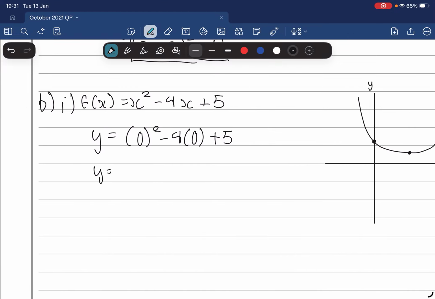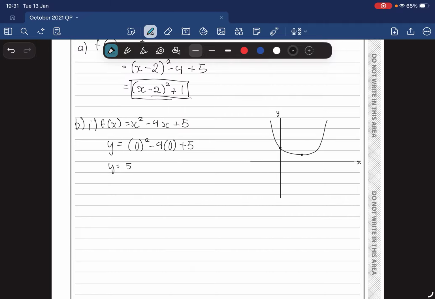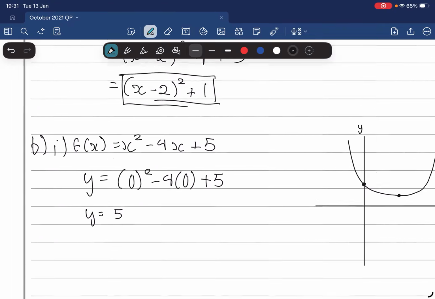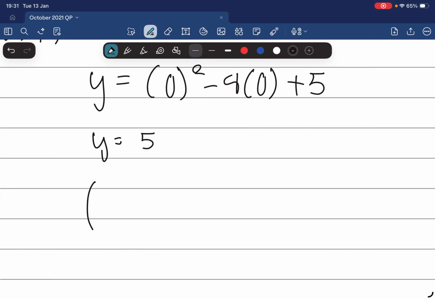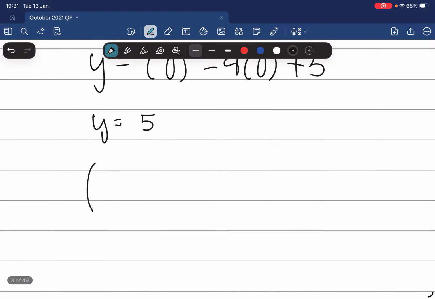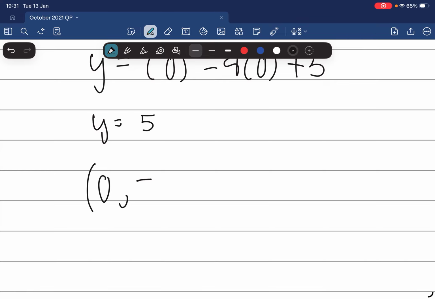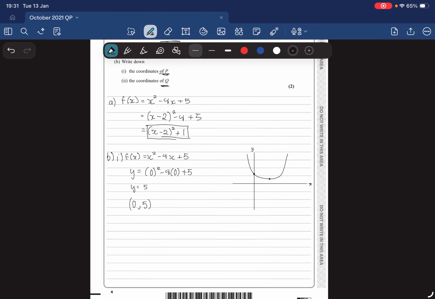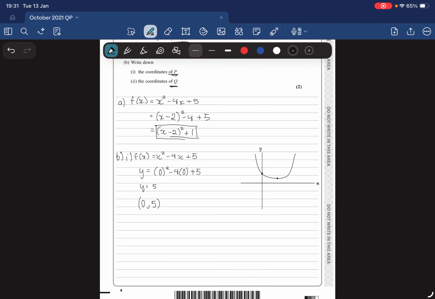That gives us y equals 5. Now that's great and all, but it's also asking for the coordinates. So we can't just leave it as y is equal to 5 and expect the markers to mark it, you know what I mean? So it's going to be (0, 5). That's going to be the coordinate for you guys. Easy mark. And now we're not complete yet. We still have part ii. Don't want to forget that guy.